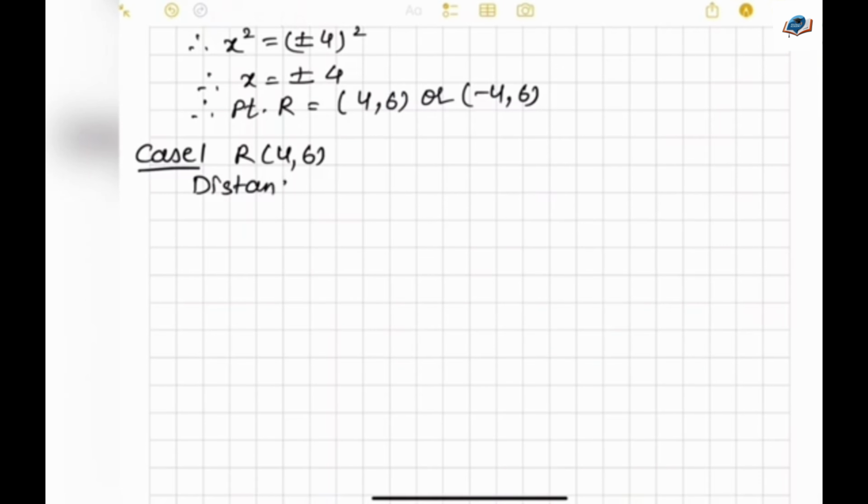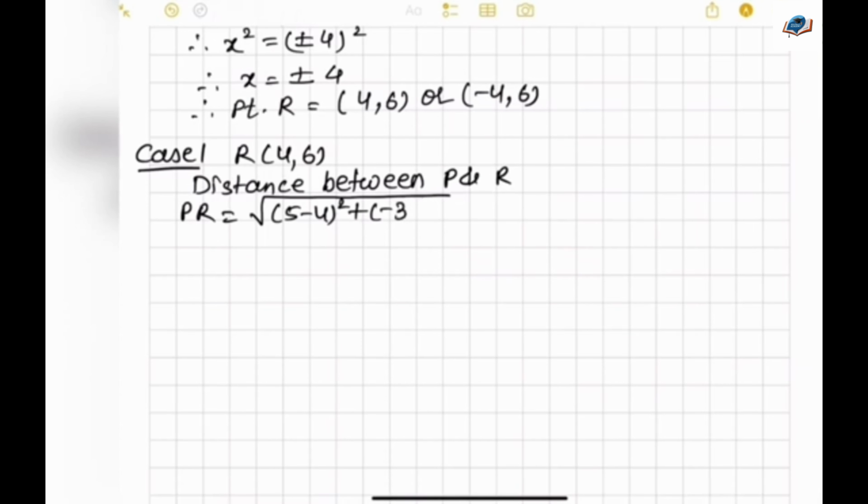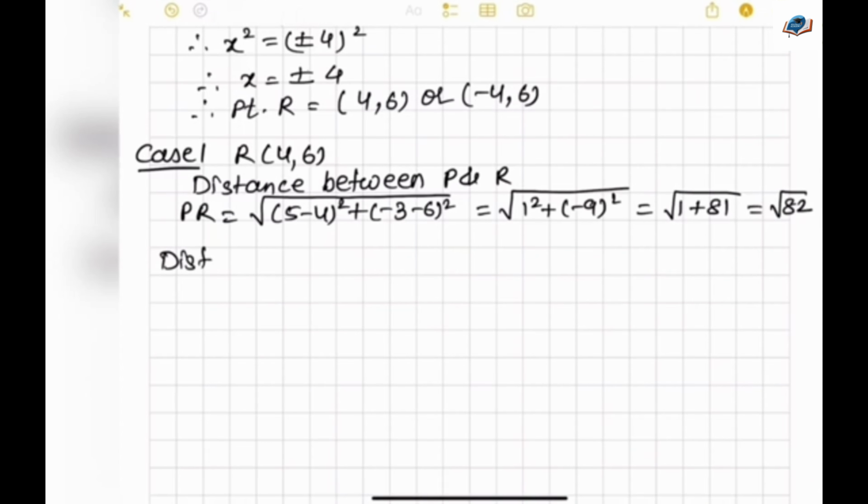So distance between P and R will be PR equal to root of (5 minus 4) whole square plus (-3 minus 6) whole square, which is equal to 1 square plus (-9) whole square. So 1 plus 81 whole under root.